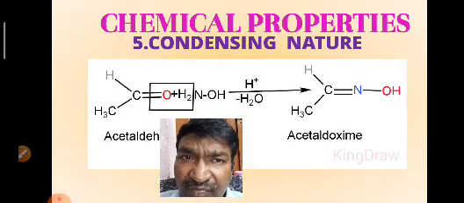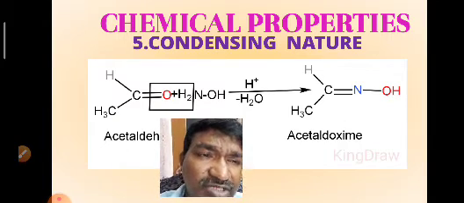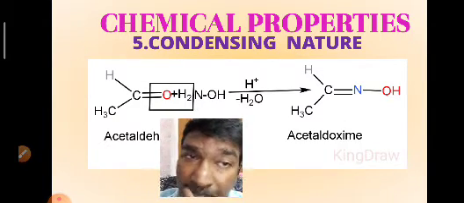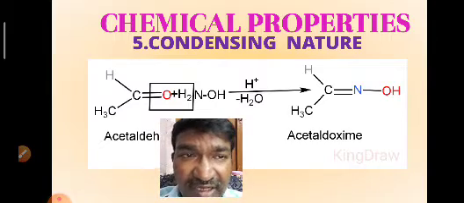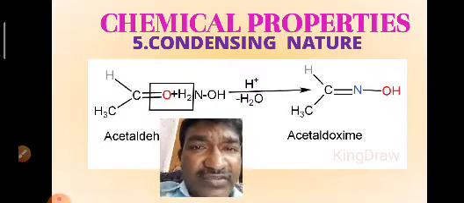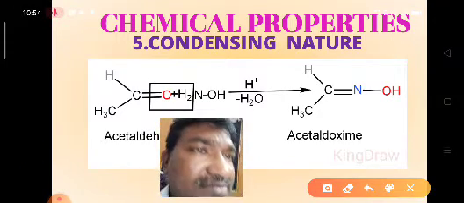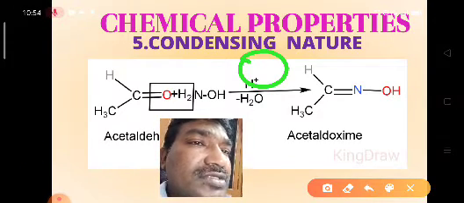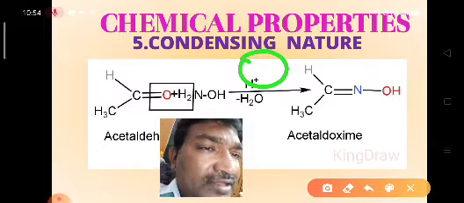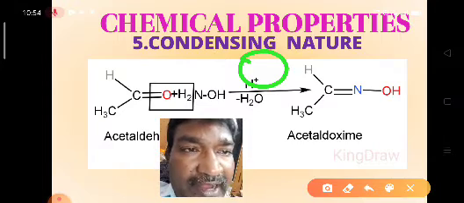Here it reacts with acetaldehyde and forms acetaldoxime. This condensation reaction takes place in the presence of acids, H plus ions. While writing the name of the product, we have to mention the reactant's name also.